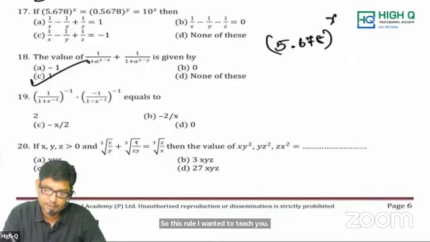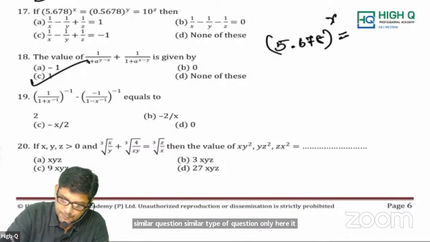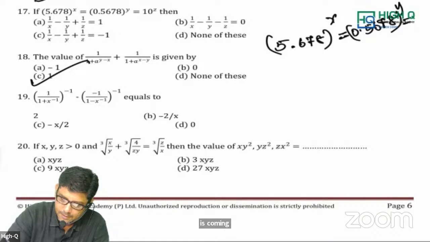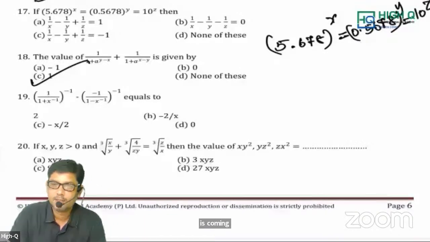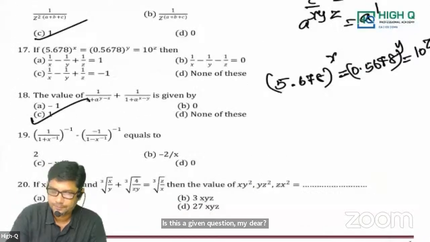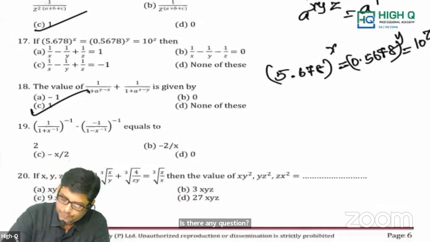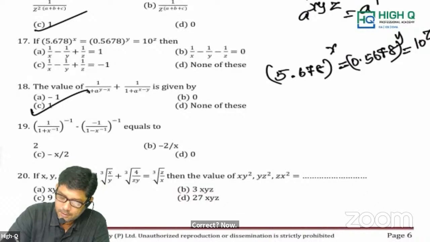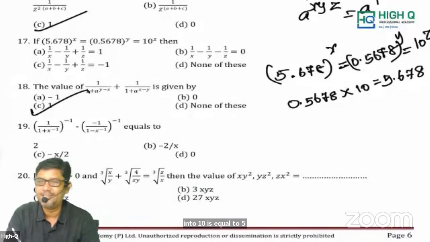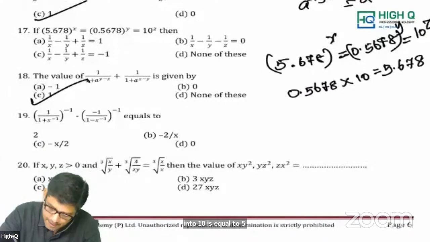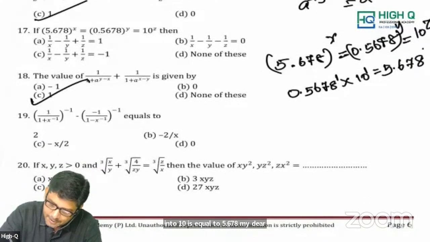Similar type of question, only here it is coming. Is this the given equation, my dear? Correct? Now, just follow my rule. Don't ask why. Now, power 1, power 1, power 1.